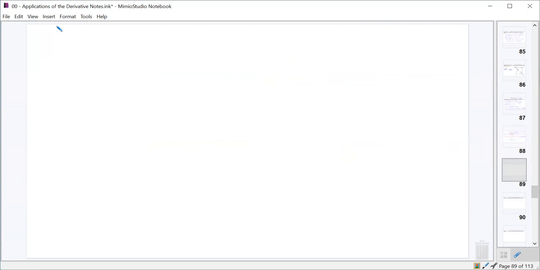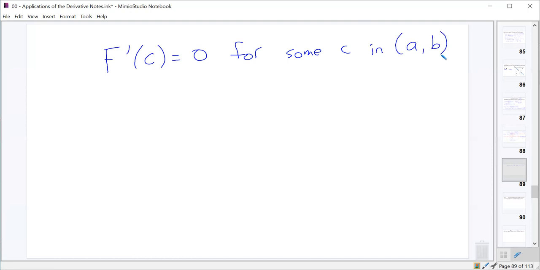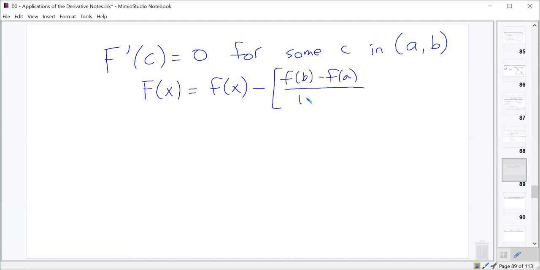So that's going to guarantee us that capital F prime of c is equal to 0 for some c in the open interval a to b. Well, what was capital F? Let's go back and write out capital F again. Capital F of x was equal to little f of x minus f of b minus f of a over b minus a times x minus a plus f of a.